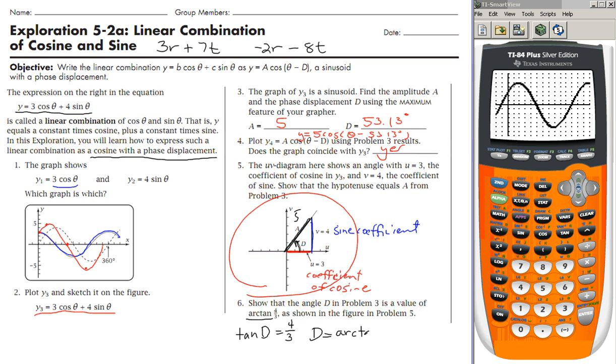And I'll talk more about why it's arctangent 4/3. Because after all, we only have one angle here as our phase displacement. I don't have an infinite number of angles. The problem is it's not always one of the angles in the principal branch of tangent that is the one that we want. So we say arctangent so that we consider options outside of the principal branch if necessary.